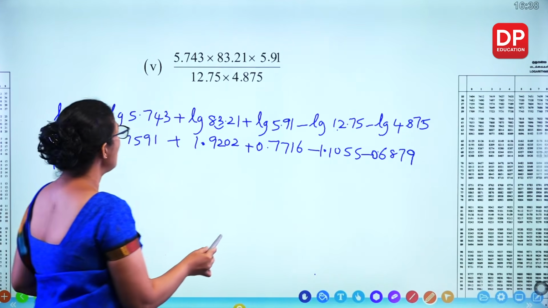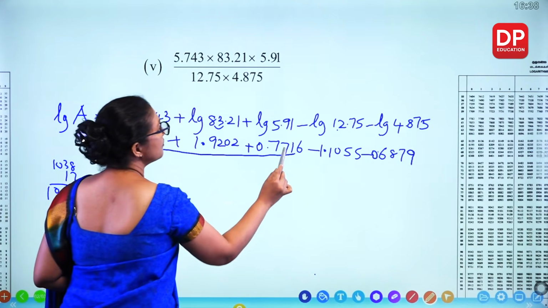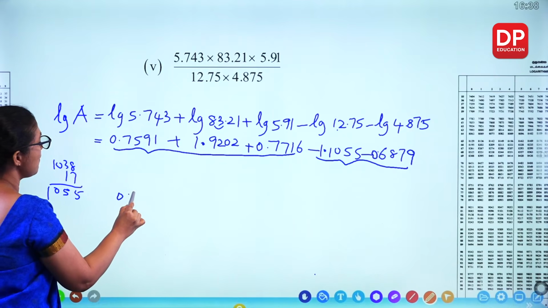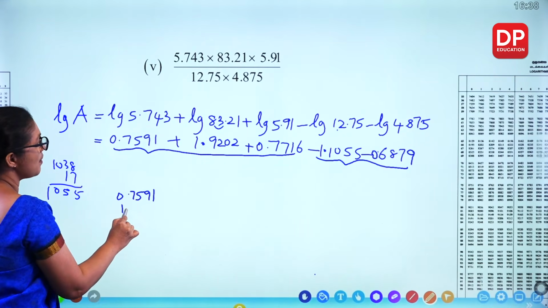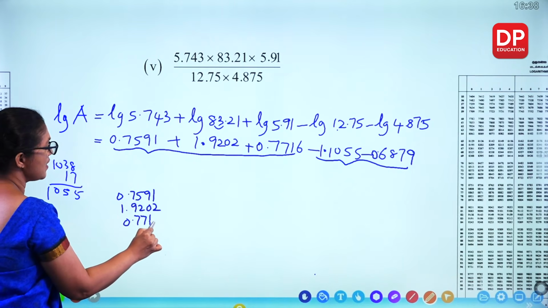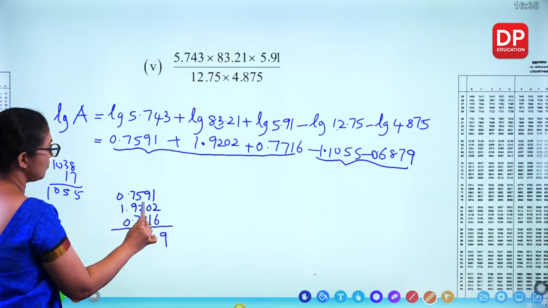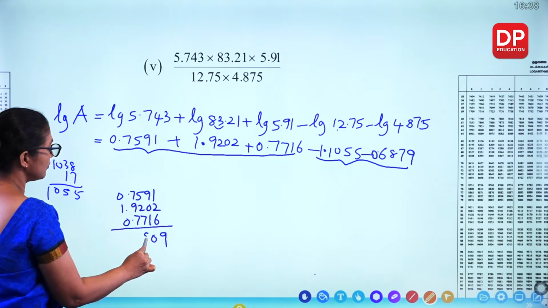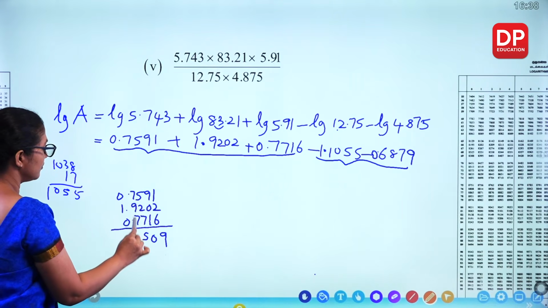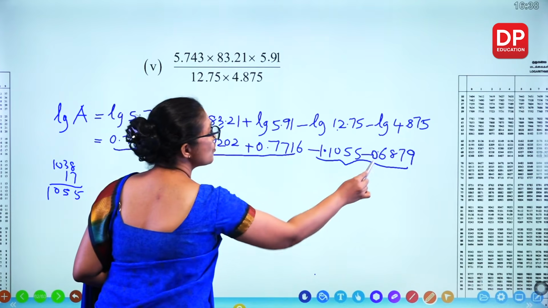Now what we can do? We can add these 3 and these 2 separately and subtract. 0.7591, 1.9202, 0.7716. Add it together. Now add these 2 together.